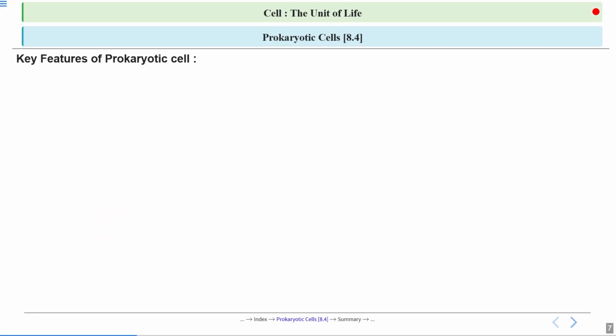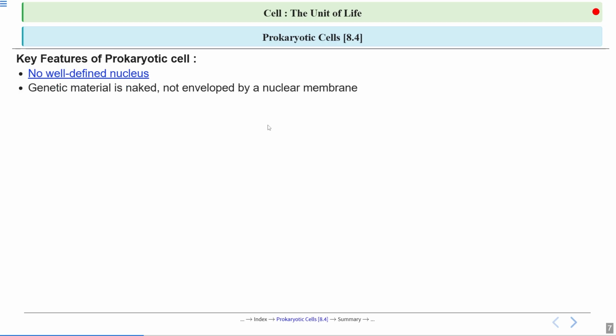Now let's talk about the key features of the prokaryotic cell. First, they don't have a well-defined nucleus, meaning they lack a true nucleus. Next, the genetic material is naked, meaning it is not enveloped by a nuclear membrane. The genetic material, which is DNA, is floating in a region known as the nucleoid.